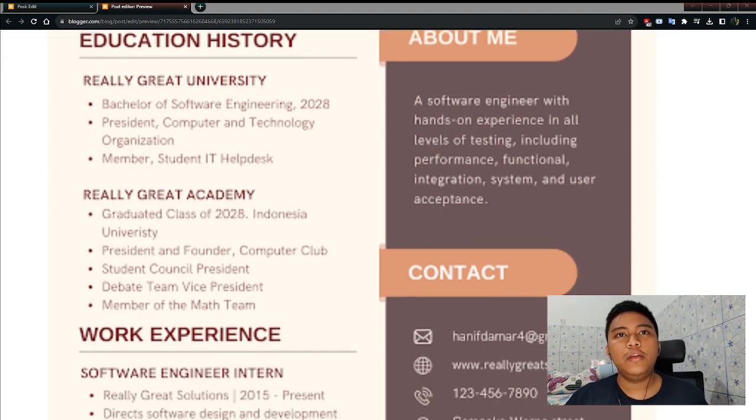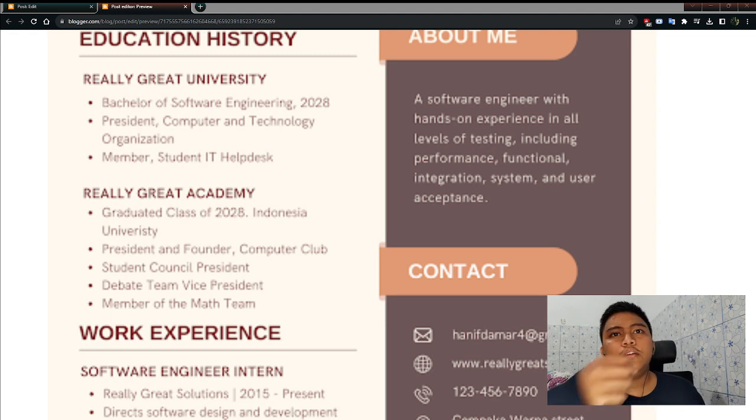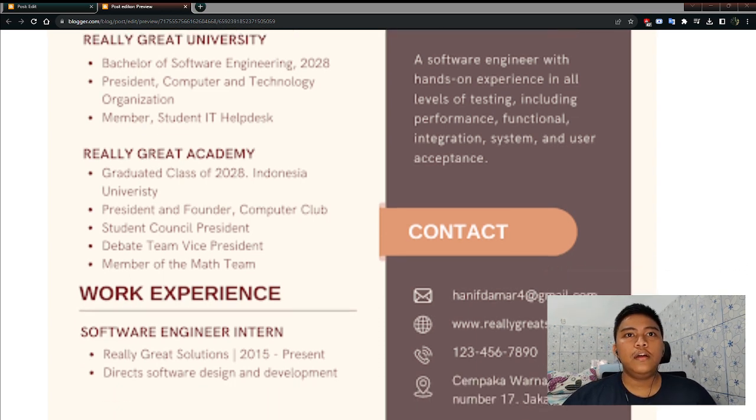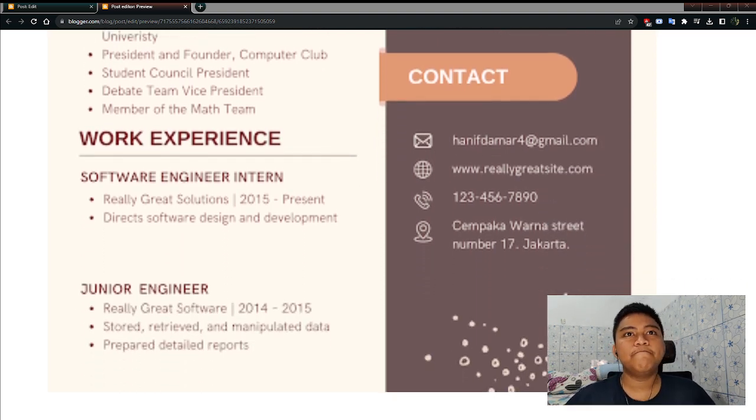I graduated in the class of 2028, so it's fresh. So I'm a fresh graduate from Indonesia University, the president and founder of the Computer Club in the university, the student council president, also the vice president of the team, and member of the math team also.